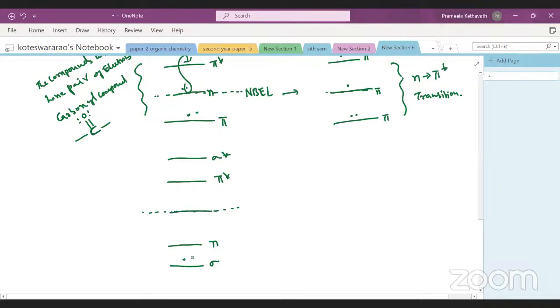That means it has a pair of sigma electrons, a pair of pi electrons, a pair of n electrons. Now it has the possibility to undergo electronic transitions.